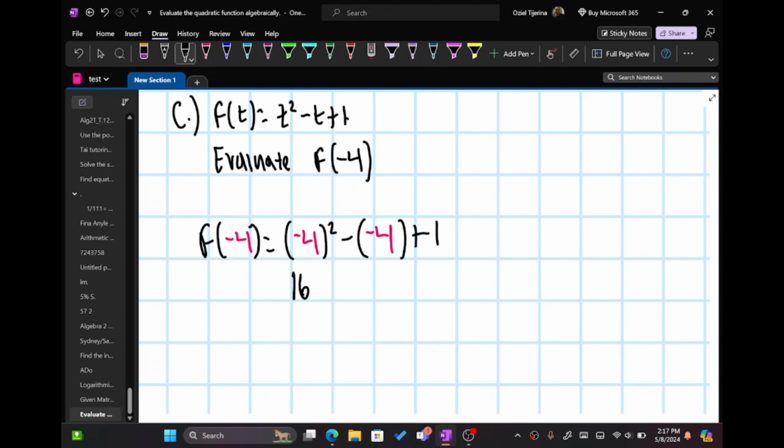So it'll be 16 plus 4 plus 1, which is 20, plus 1, which is 21. So we know that f of negative 4 is 21.